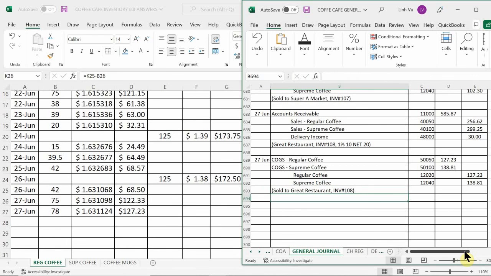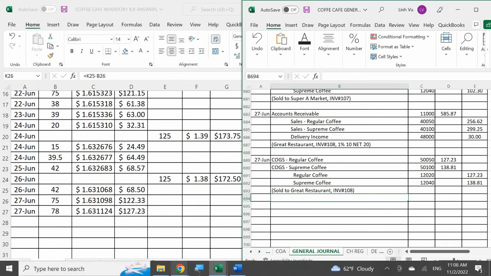Okay. So, last but not least, we need to update my ledgers to reflect the balances that I have calculated here in my inventory worksheet.